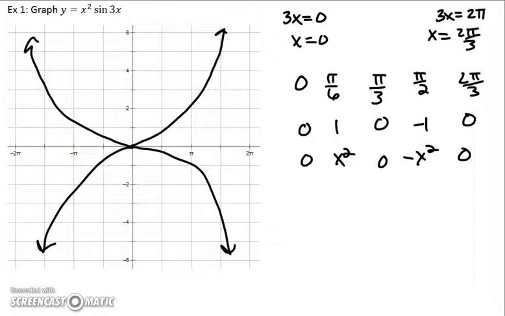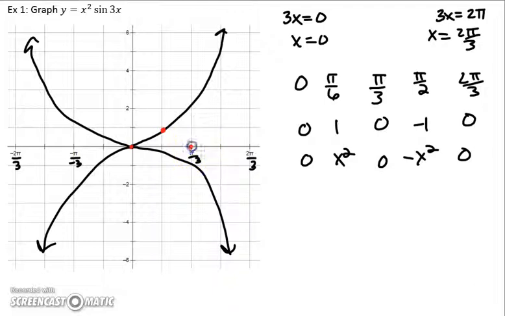So if we go to graph this thing, again, we're going to go from 0. And I forgot to change the scale here, so let's make this 2 pi over 3 and make this pi over 3. So the same thing over here, that's negative pi over 3, and this is negative 2 pi over 3. So we're going to go from 0, 0. And then when we get to pi over 6, we want to be up here.